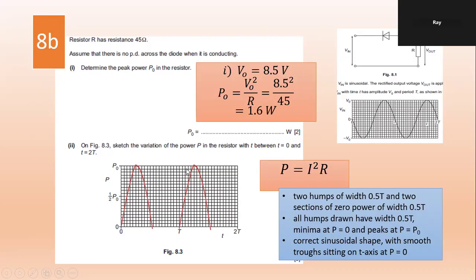That's P naught. Right? Just now they don't bother about the P naught. As long as you got a hump. This one they worry about the P naught. Correct sinusoidal shape with smooth trough sitting on the axis at P equals 0. Right? That's your P naught.